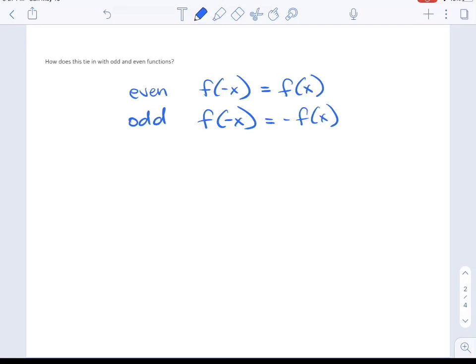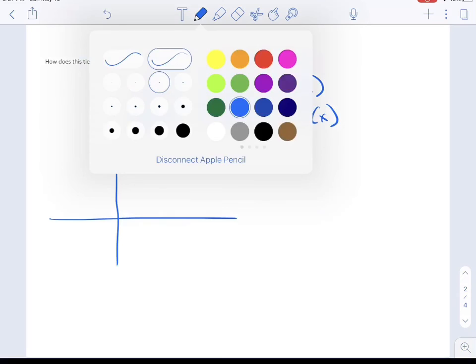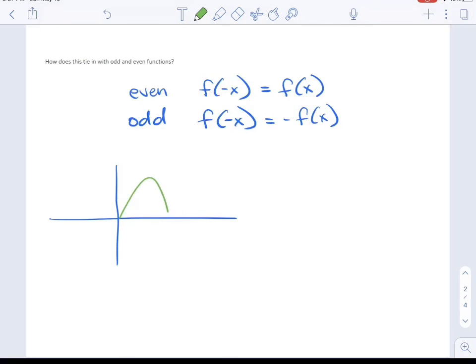So let's look at sine and cos. If you remember, sine looks something like this. And we said, well, what kind of graph is sine? Well, sine theta is an odd function. Can I tell that from the graph? Well, I know that it has that rotational symmetry.